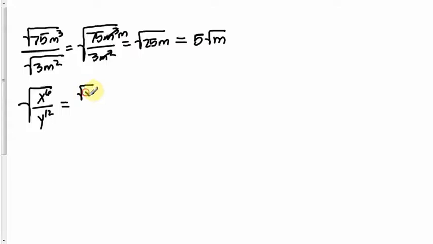So it would be handy for me to break it apart like this: the square root of x to the 6th over the square root of y to the 12th. The square root of x to the 6th is x to the, remember you take the power and divide it by the index, so 6 divided by 2 is 3, and 12 divided by 2 is 6. So that was handy to use the reverse of the property.